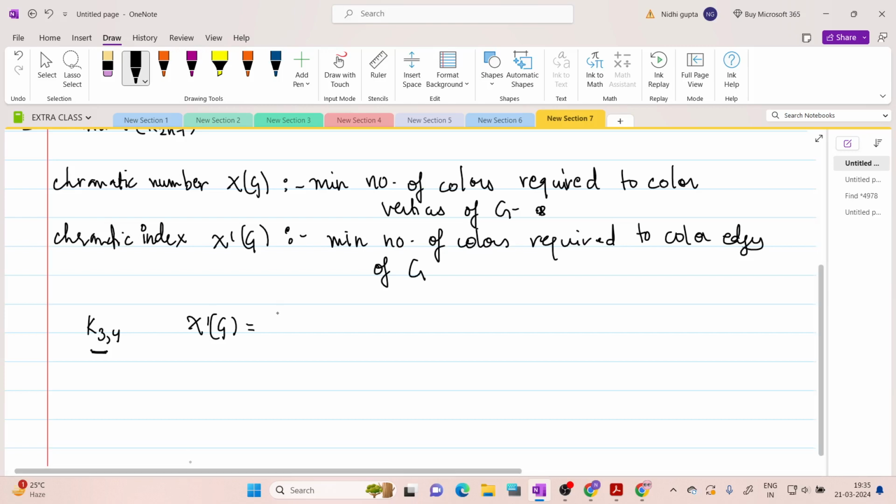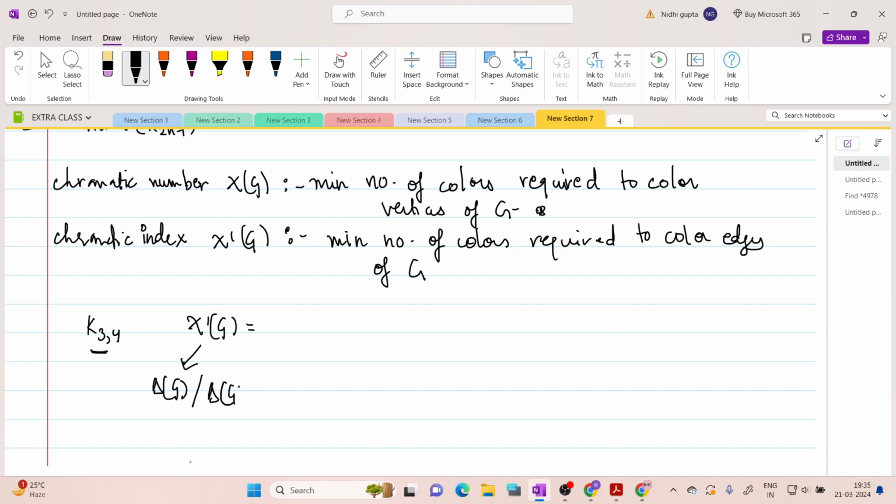So first of all, the chromatic index is either the maximum degree or the maximum degree plus 1. In this, the maximum degree is 4, so it will be either 4 or 5. But for a bipartite graph, the chromatic index is the maximum degree, delta of G. So the chromatic index of K3,4 is equal to the maximum degree, 4.